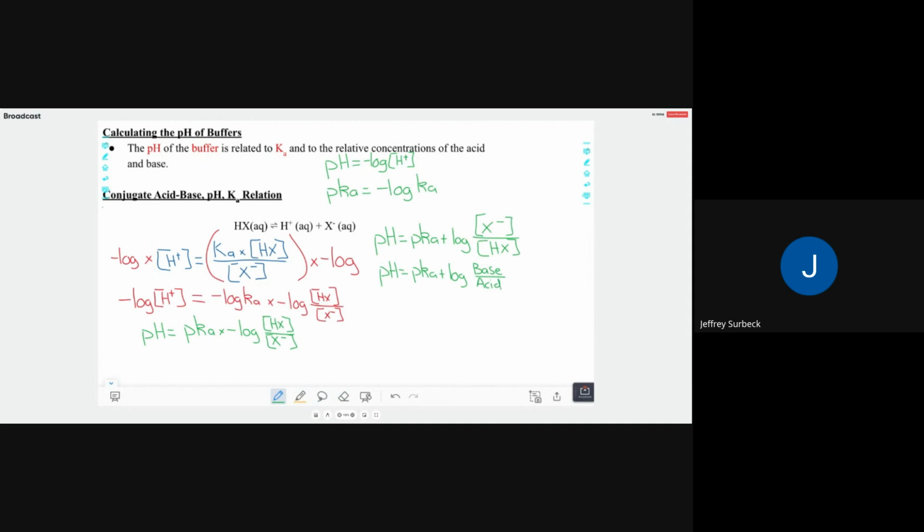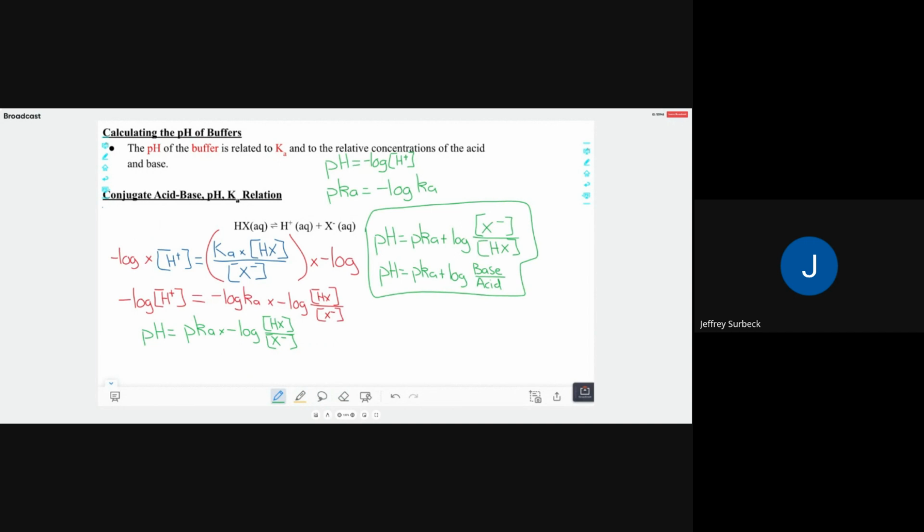All right? And a couple things here. One, I'm going to box this in. First thing, you have to have a buffer. Second thing, this is called the Henderson-Hasselbalch equation, and it's going to allow us to say, hey, we can plug these numbers into this formula as long as we identify we have a buffer, and we can calculate our pH.